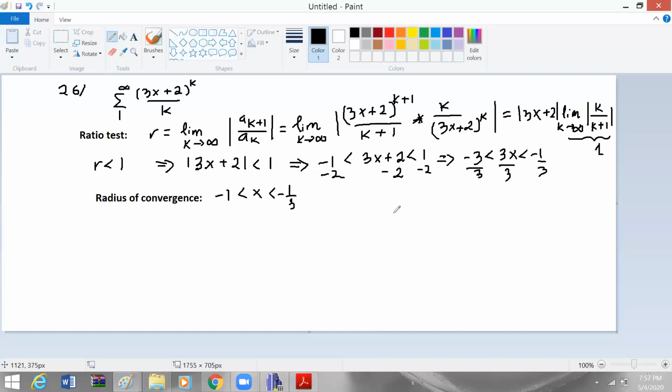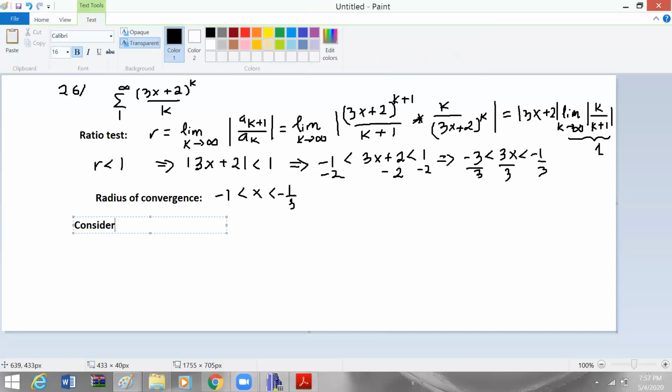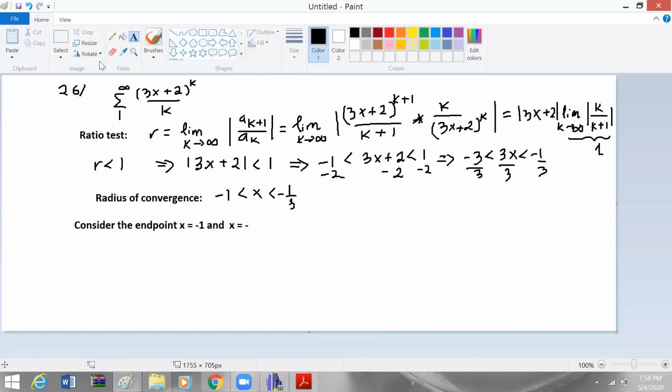And after that, we just need to consider the endpoints, for x equal to -1 and x equal to -1/3. Okay, so all we need to do, when x equal to -1, is test out the series. Should be very, very straightforward. It should be very beautiful.